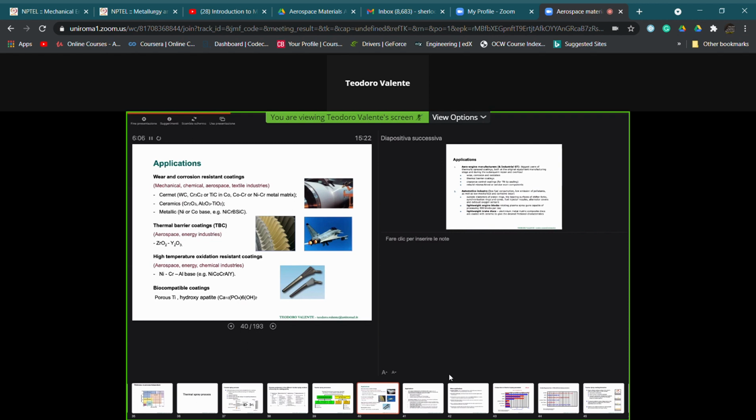To some extent, they can reproduce a sort of synthetic bone, which is called hydroxyapatite, the last component there, which is a material which can be sprayed with these techniques in order to have, for example, in implants, surfaces which can be well implanted because they have biocompatibility properties.